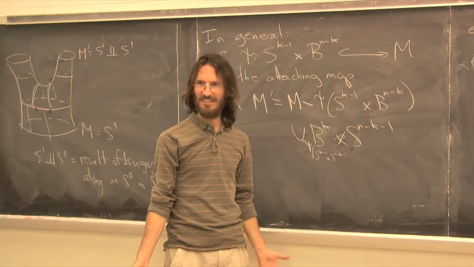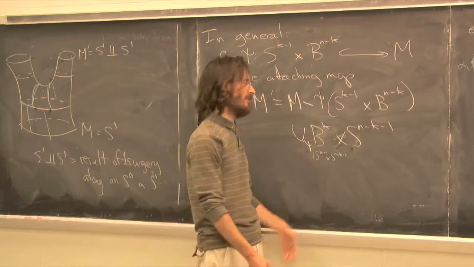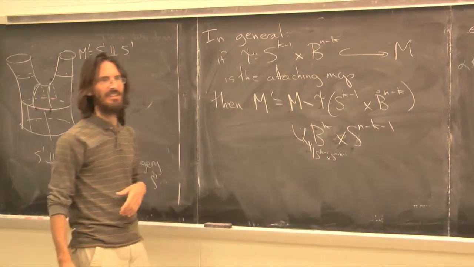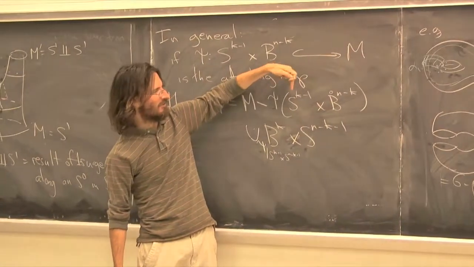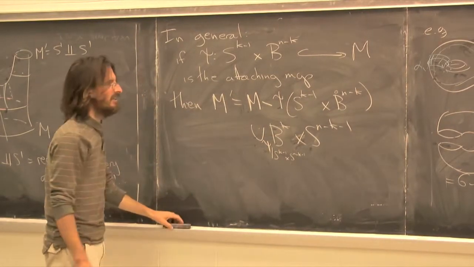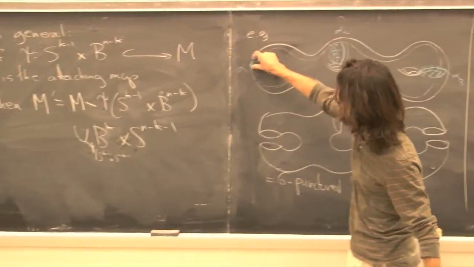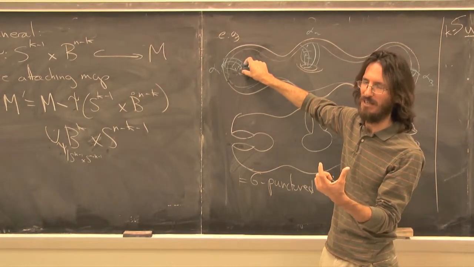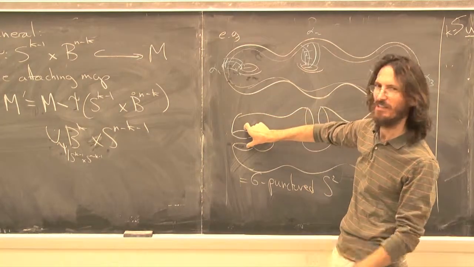Whenever I say delete something, I never delete something compact. Whenever I delete something, there's always boundary left. You either delete it and take the closure, or you delete the interior. Okay, that's what delete means, right? So then when I do that, I have a remaining boundary which is diffeomorphic to this thing by the map of C, and that's the little map I use. So in this case, for example, I won't write anything down. What are we doing? We're removing S1 cross B1 from the boundary and replacing it with B2 cross S0.